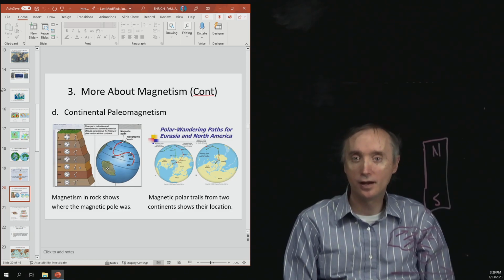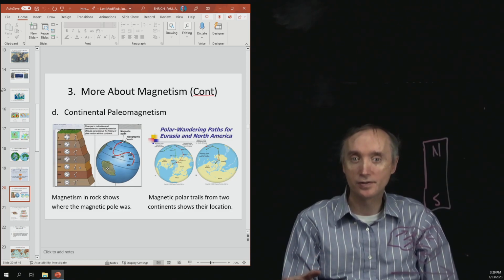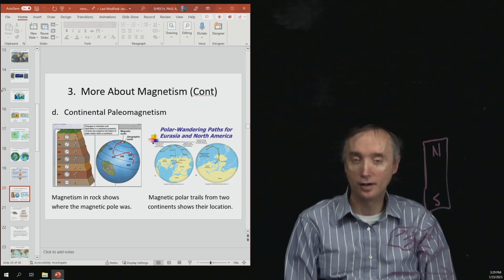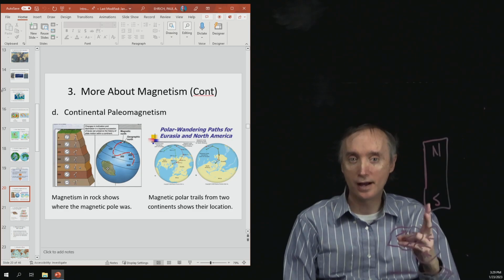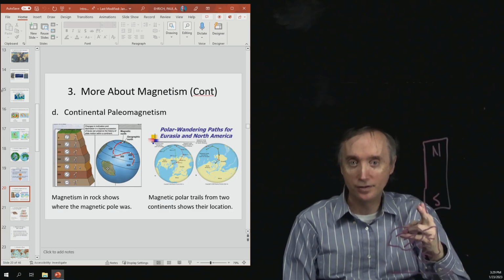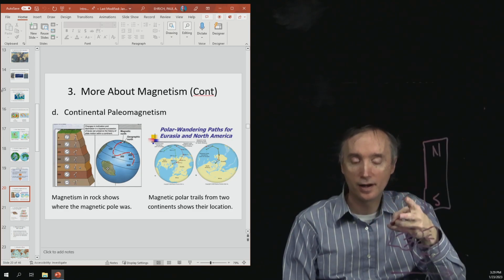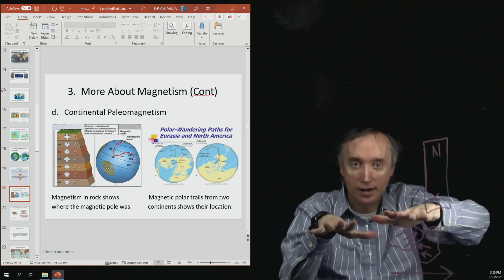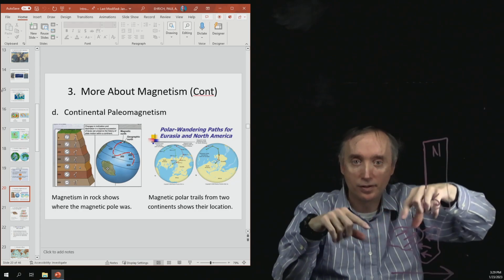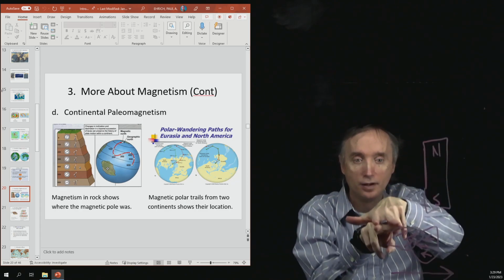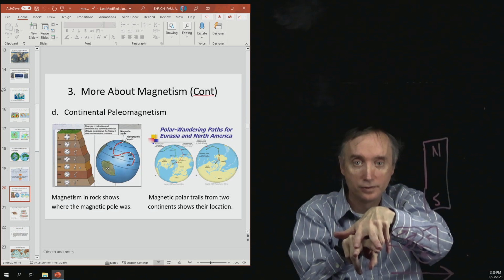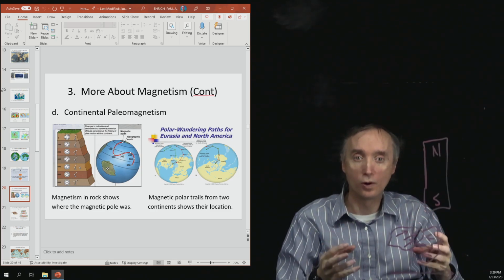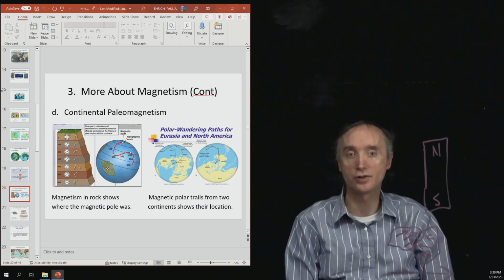So the squiggly line from North America doesn't match with the squiggly line of Europe, unless you get out some scissors and cut out North America and cut out Europe, and start to move them around until those two squiggly lines line up on top of each other, and then it will show you where the continents were with respect to each other.